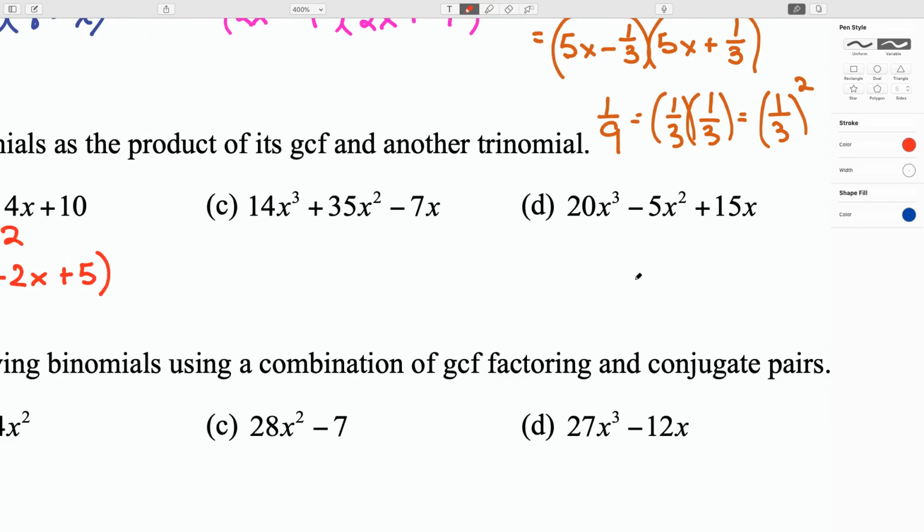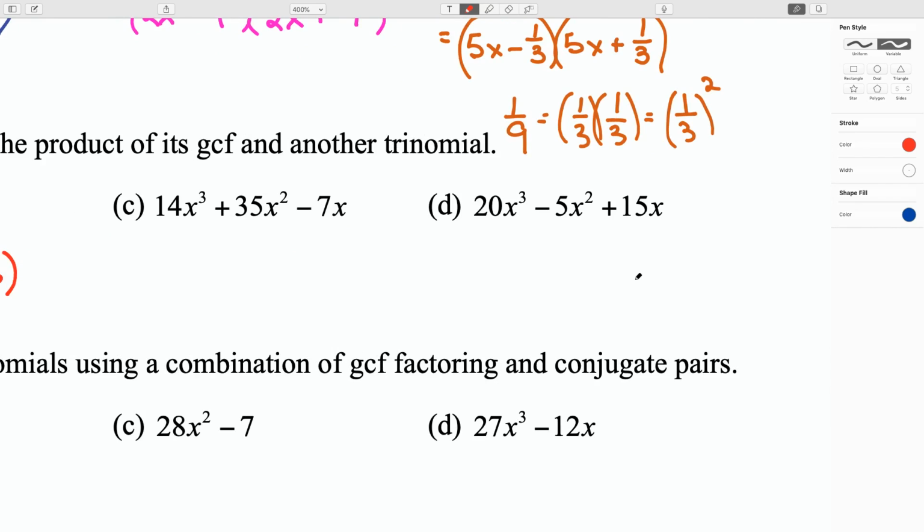Let's try C and D. Pause it, try it on your own, and then press play. So now, with 14x cubed minus 35x squared, plus 35x squared minus 7x, what can go into all three terms? 7.